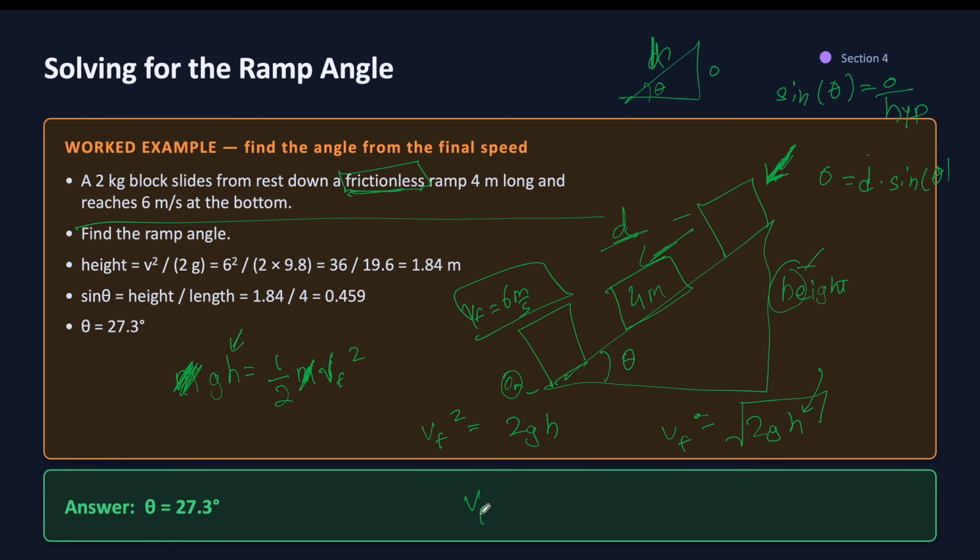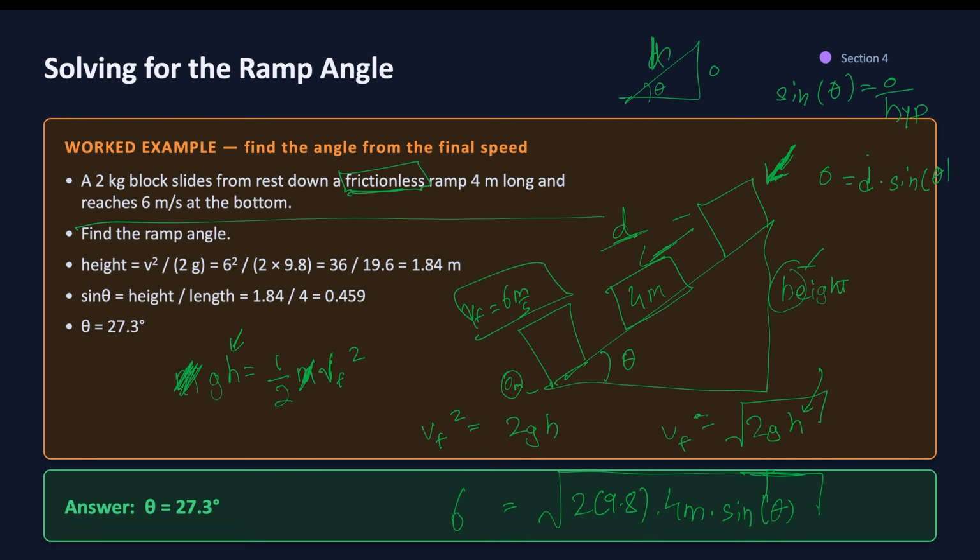So this would just be the square root of 2 times 9.8 times d sine theta, which is 4 meters times sine of theta. And we can just plug in for velocity final because we know what that is, right? We're given that. We need to find the angle here, not velocity final, even though the equation looks sorted a bit differently for that. So here we're given 6 meters per second, but since I square root it here, it's just 6.